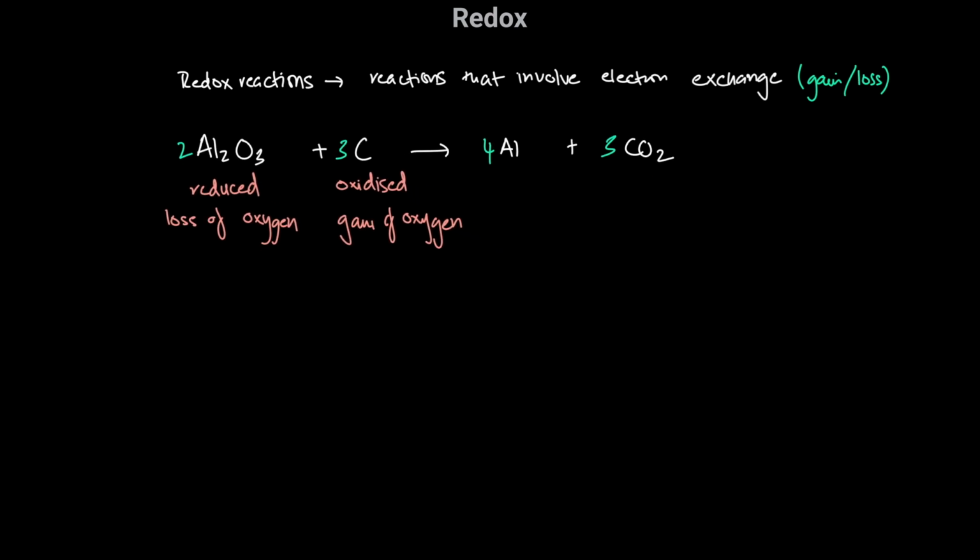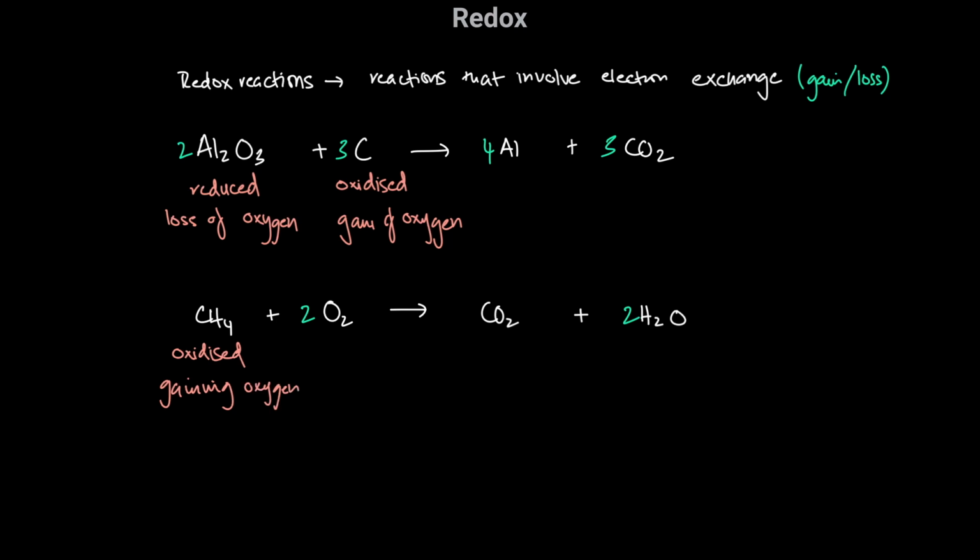Now let's look at the next reaction, the combustion of methane. We have CH4 reacting with oxygen to form carbon dioxide and H2O, with 2O2 and 2H2O. Over here, we can say that methane is being oxidized because it's gaining oxygen; carbon is gaining oxygen.